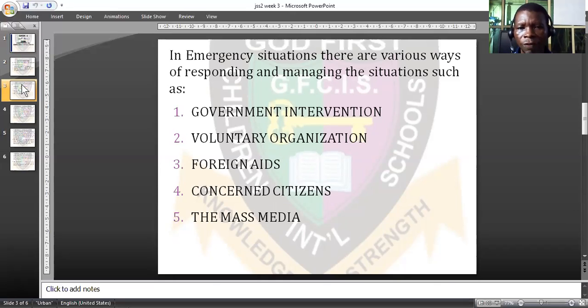We are looking at five different ways of responding in and managing the situations during emergency.